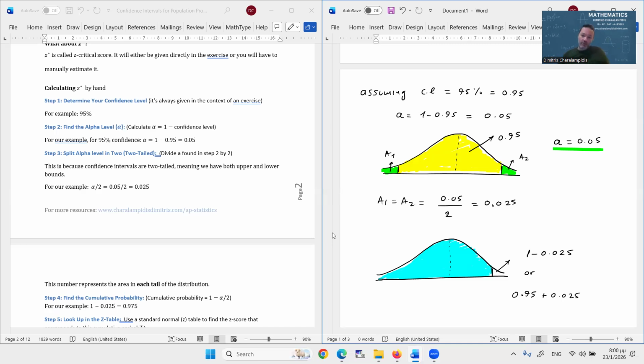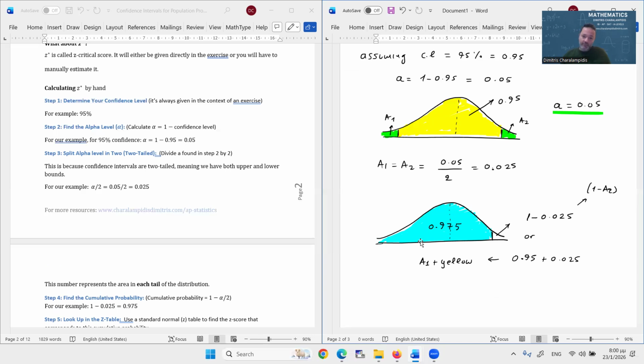In the next, so here I did 1 minus the A2 region, or here I added A1 to the yellow. Anyway, works. Bottom line is that I wanted to calculate this blue region, which is 0.975.